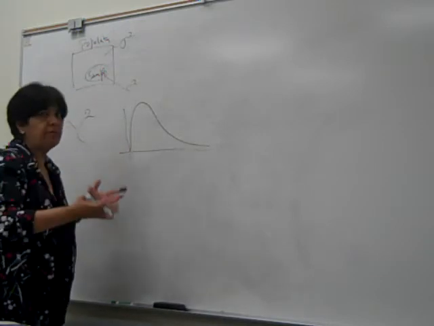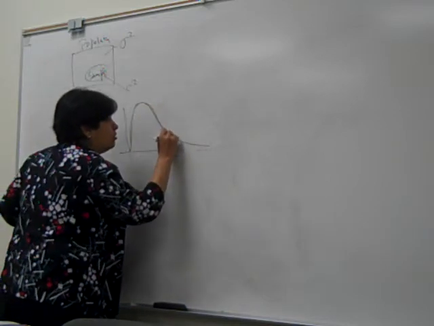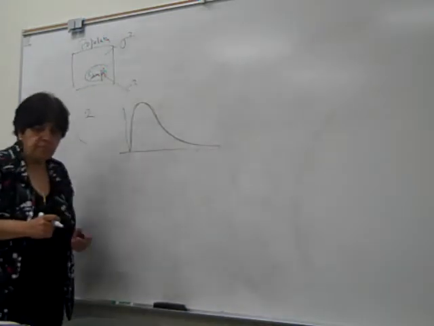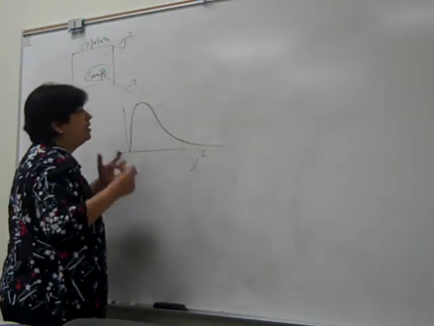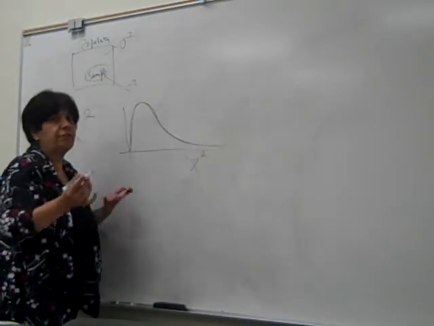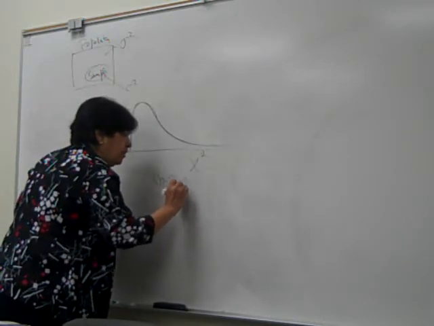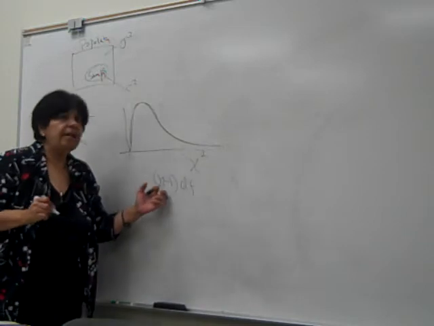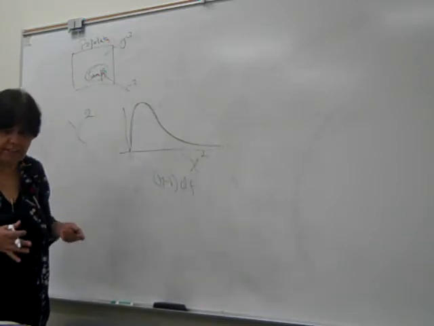This is not a symmetrical distribution, and it starts at 0, and it's more or less like this. This chi-square distribution has one parameter, that is the degrees of freedom, and in this case we are going to have n minus 1 degrees of freedom, where n is what? The sample size. That easy.